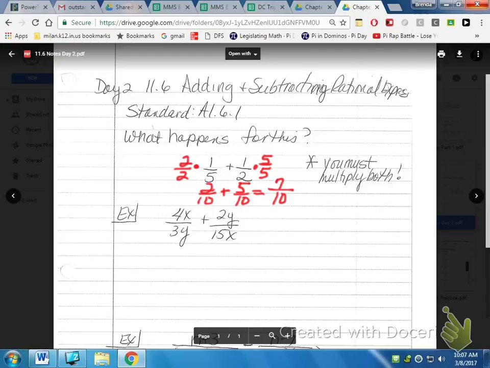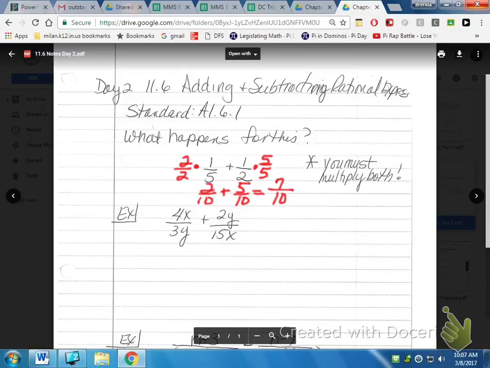Okay, so let's look to our first example, just some monomials. That'll start off simple. So 4x over 3y plus 2y over 15x. Now part of it does have a common factor because you know 3 does go into 15, right?